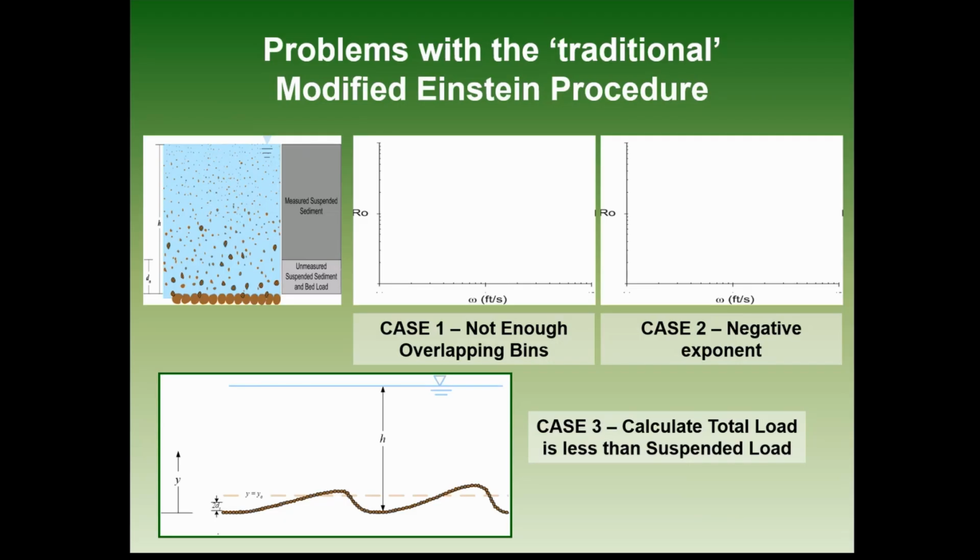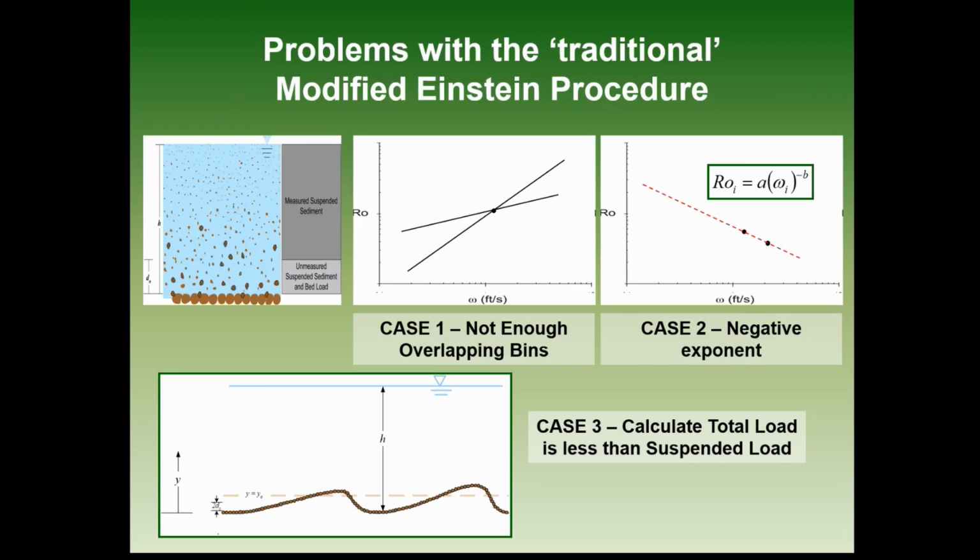Drew alluded to this verbally this morning: in some cases, we had only one bin, so we didn't have two overlapping bins, so that doesn't help at all. So the lines, we could pick any line we want, right? Another problem that we encountered is that you could have two points in which the slope is negative, meaning that the bigger the particle, the easier it is to bring into suspension, which doesn't make any physical sense, right?